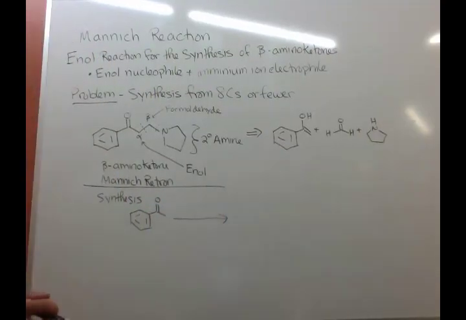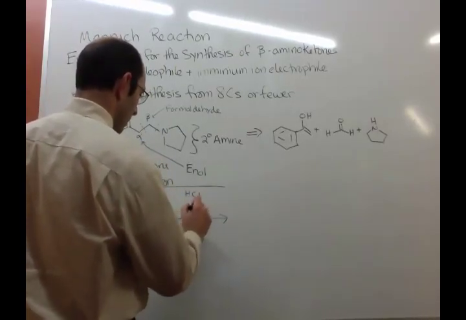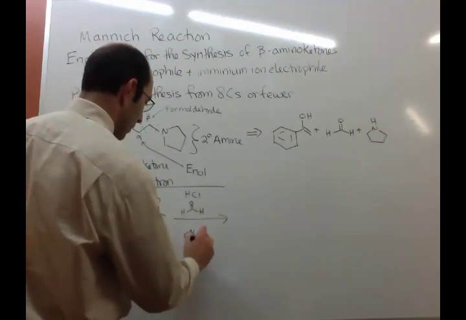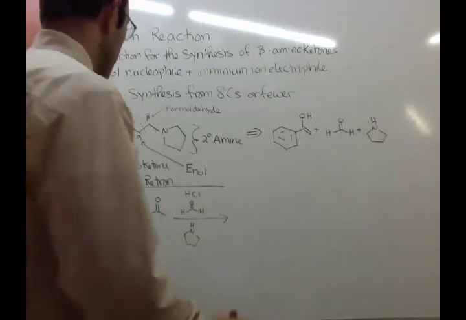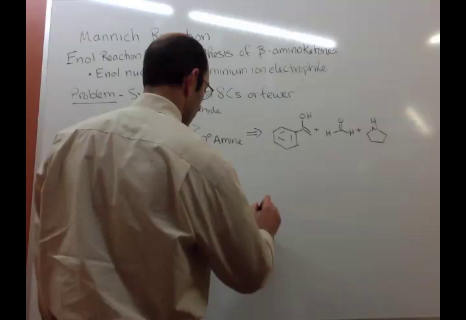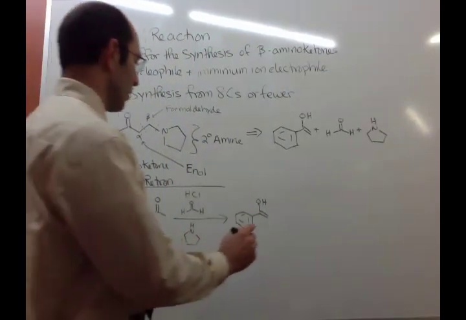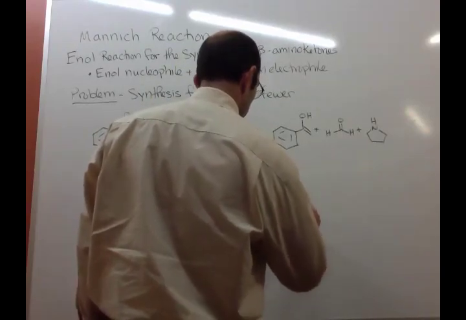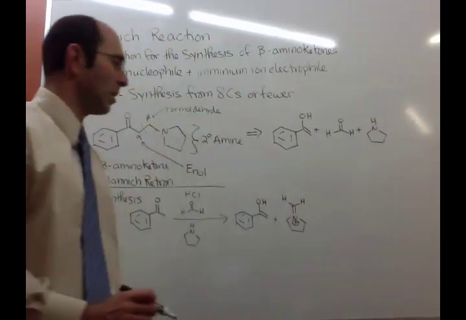All right, so let's look at what this synthesis will look like in the forward direction. We'll start with acetophenone. React that with HCl, formaldehyde, and the secondary amine. And when thinking about the mechanism, we'll end up with our enol nucleophile plus the iminium ion electrophile.